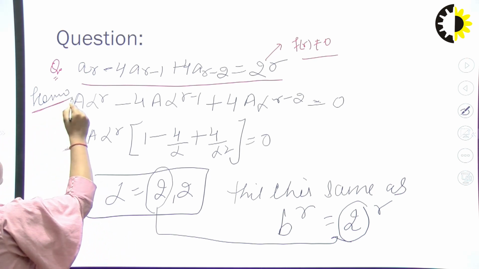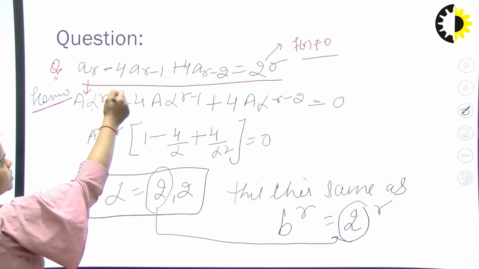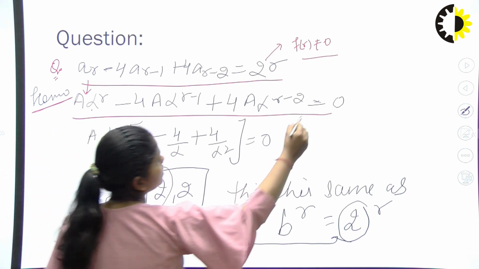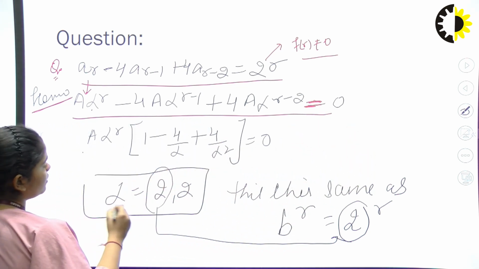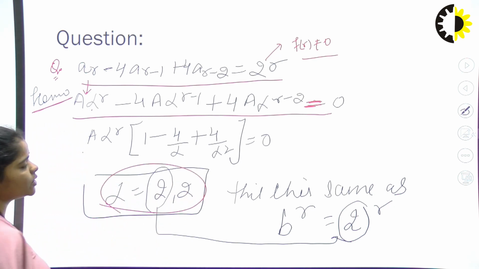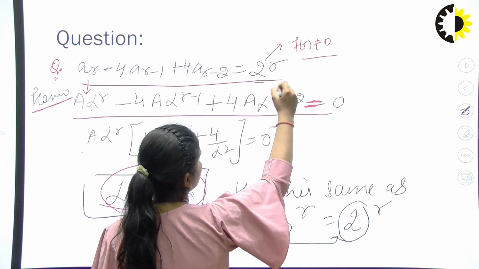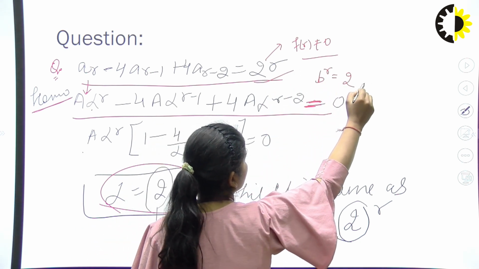Here we find the homogeneous solution by putting alpha to the power r, as we all know, equal to 0 in the case of a homogeneous equation, right? So we have to find the roots. The roots will be 2, 2. This shows that b to the power r is matched with the alpha value, right?